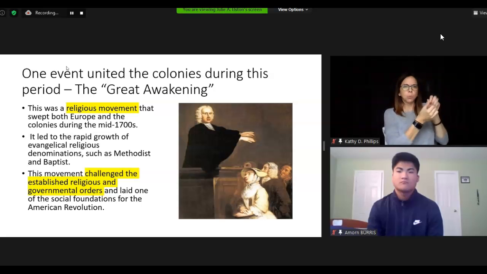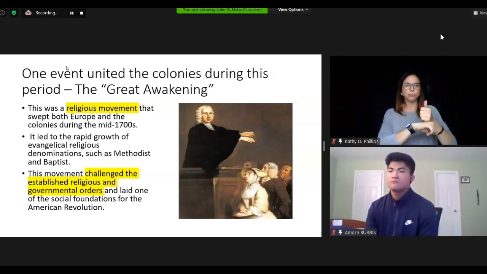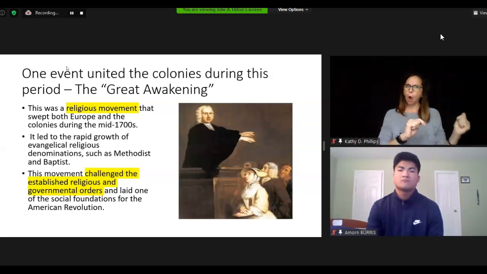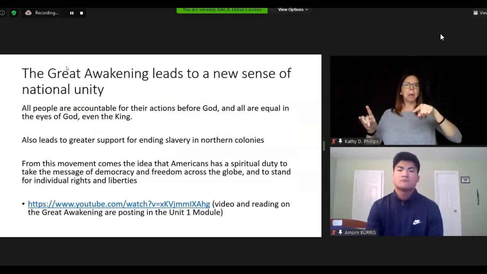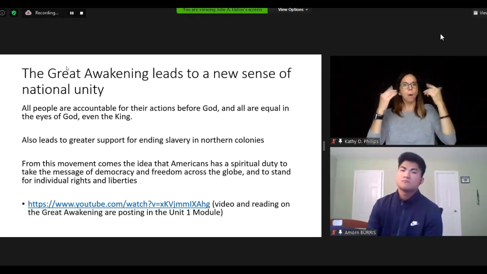And that kind of idea is very revolutionary, and it challenges this whole establishment of churches and governments and creates this new sense of, well, wait a minute, maybe we're really all equal. If the priest has no more control or no more importance in the eyes of God than I do, then we're really all equal.